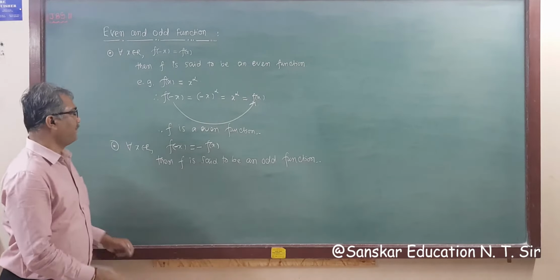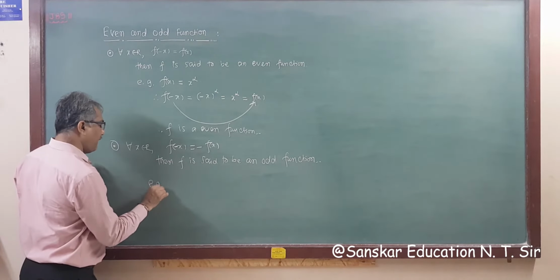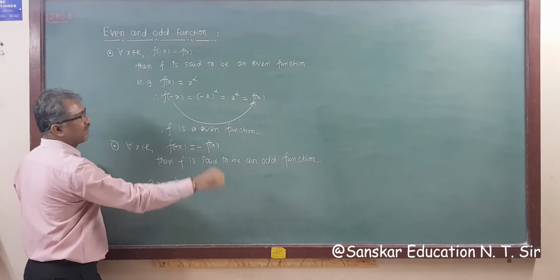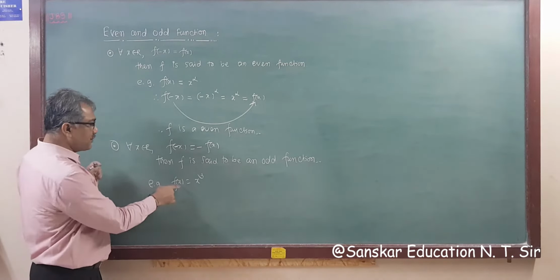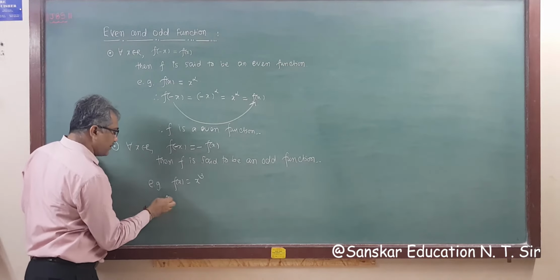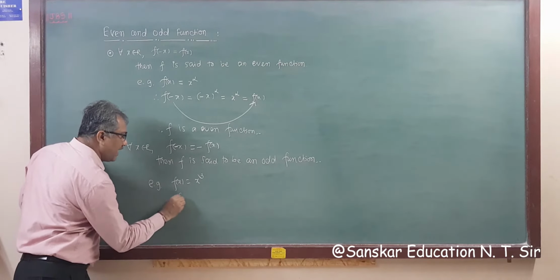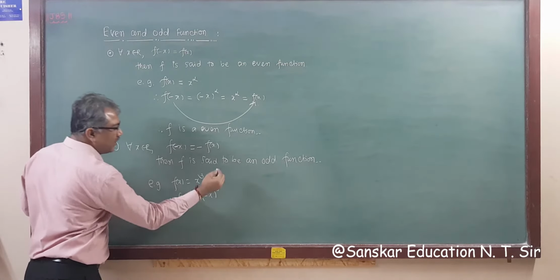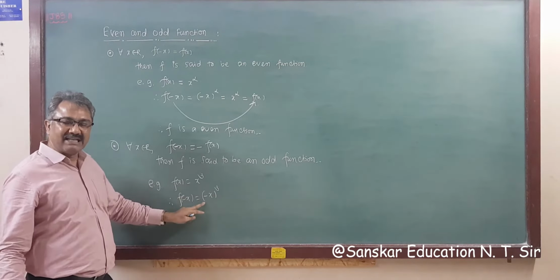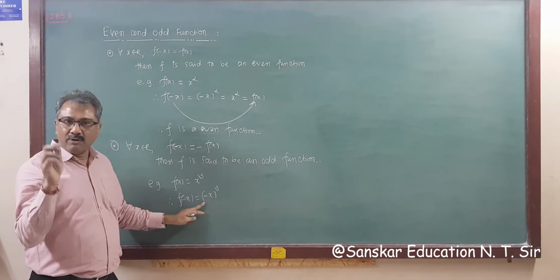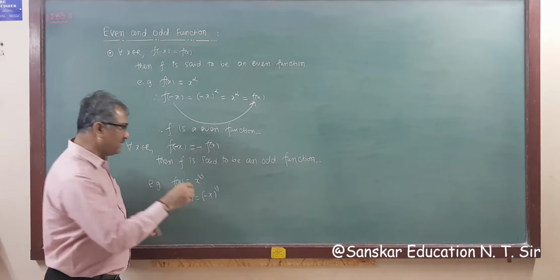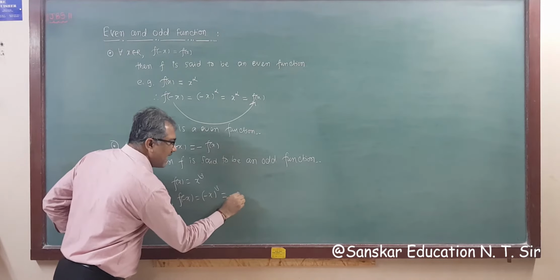For example, if we take fx is equal to x cube, right? Now substituting minus x instead of x, what do we get here? Therefore f of minus x is equal to minus x whole cube, and minus x whole cube means minus 1 whole cube times x cube. And now minus 1 to an odd power is minus 1, so that is minus x cube.